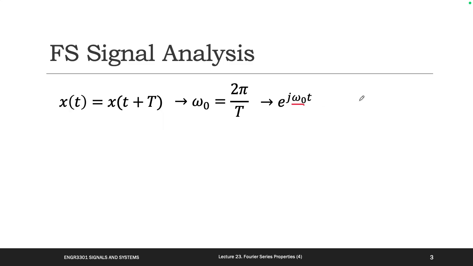But the FS representation means the signal can be generated from a bunch of harmonic signals, where k changes from negative infinity to positive infinity, but it should be an integer. That makes sense to you?